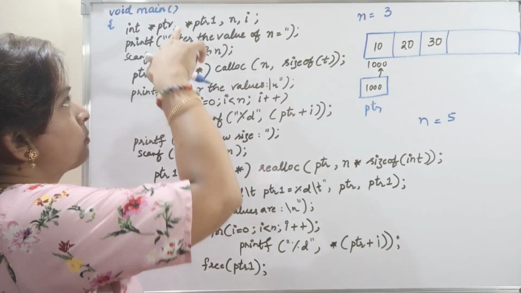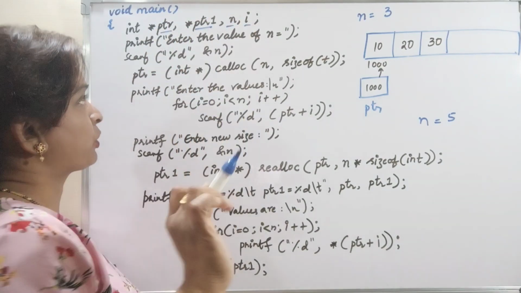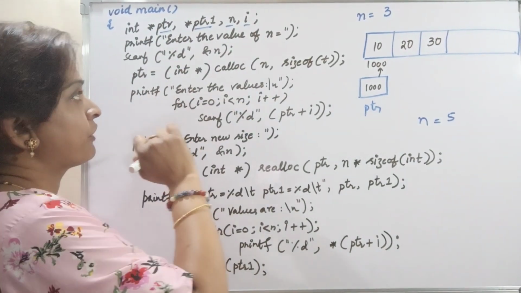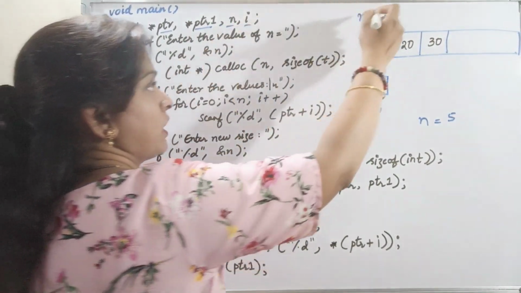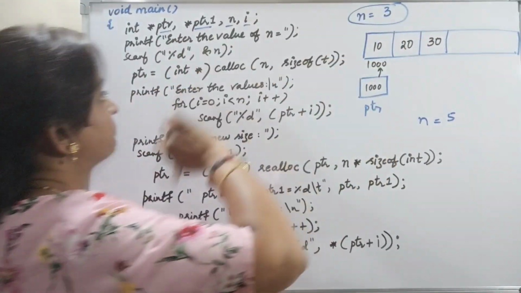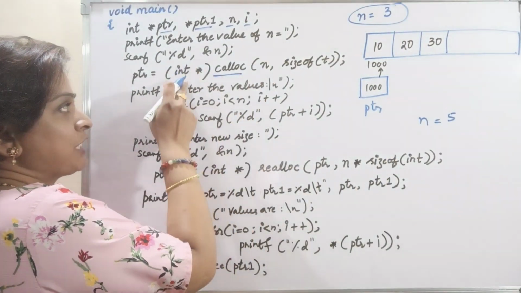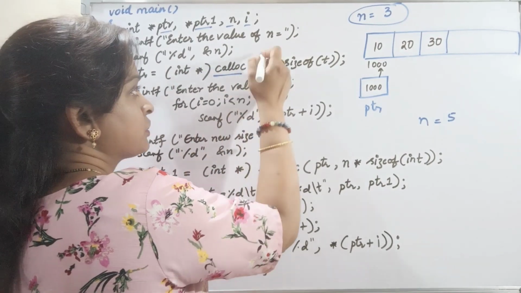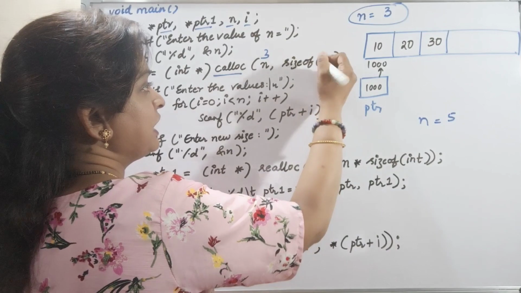So let us have two pointers. One is PTR, the other one is PTR1, and n and i are supporting variables. Enter the value of n. So as usual, scanf and store the value in n. I have taken n as 3. Now I am allocating the memory using calloc, typecast to integer, n, so it is 3, size of integer.